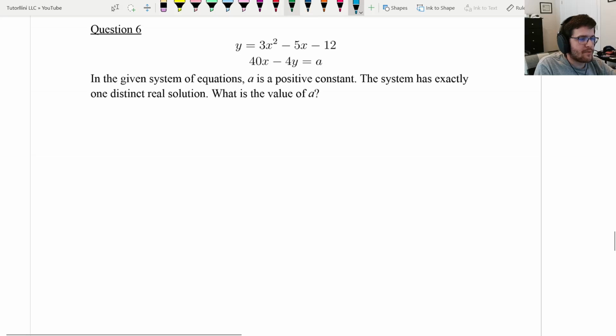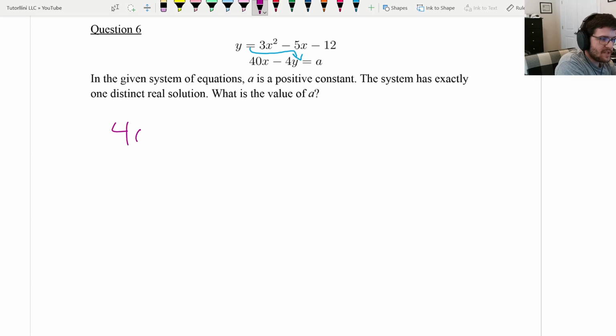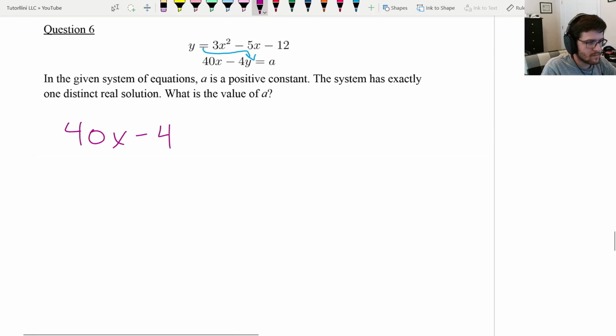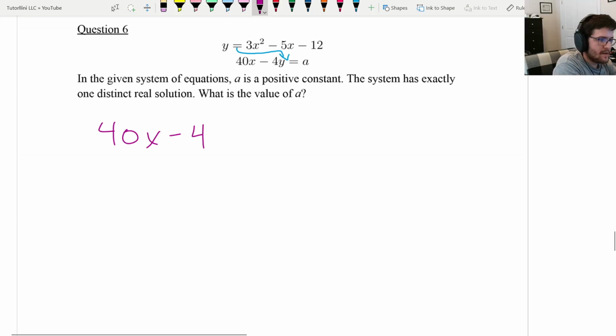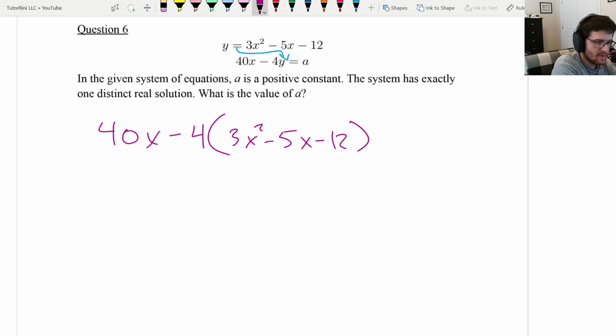Anyway, okay, so the first thing we're going to do is substitute. So y is by itself on this one, so why don't we put him in over here? So we get 40x minus 4 times parentheses 3x squared minus 5x minus 12 equals a.